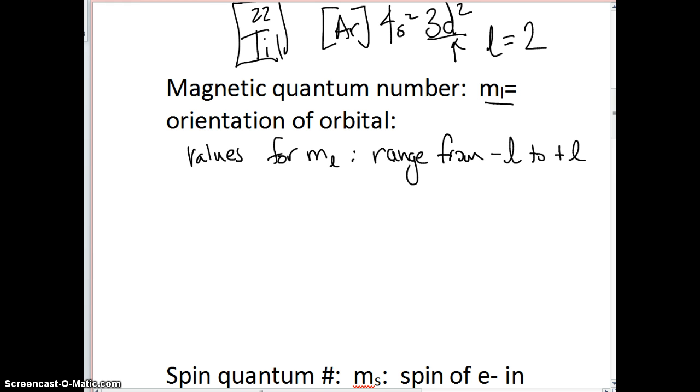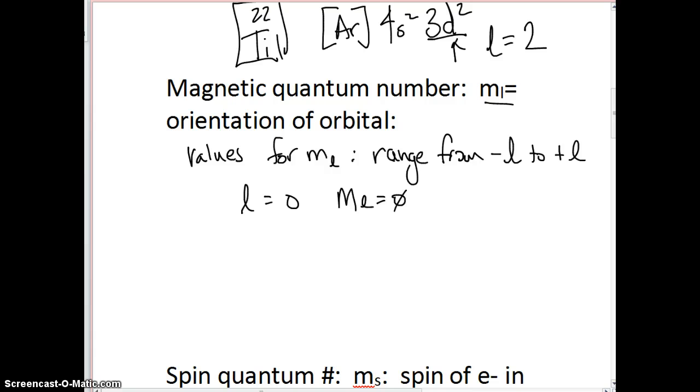So m sub l is dependent upon what l is. Essentially, if l is describing an s orbital, as we talked about before, the value is 0. And so then m sub l has to also be 0, because that's the range of negative l to positive l.